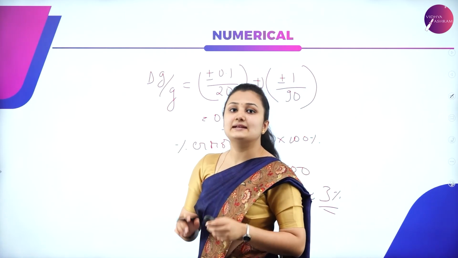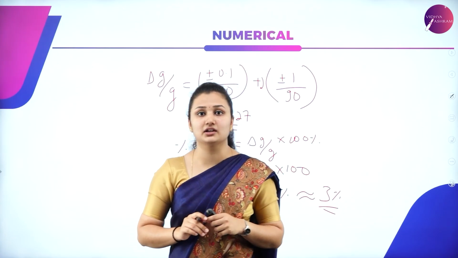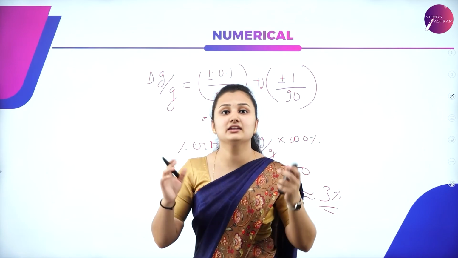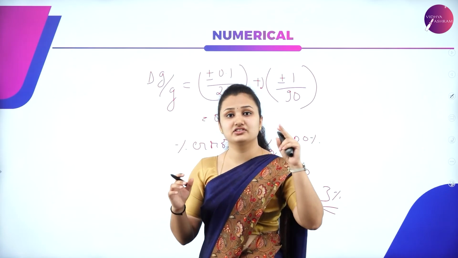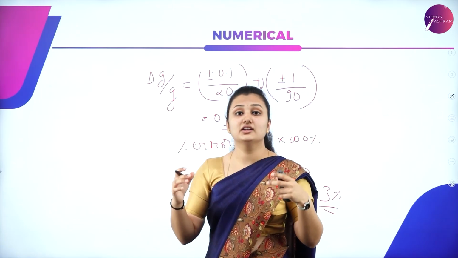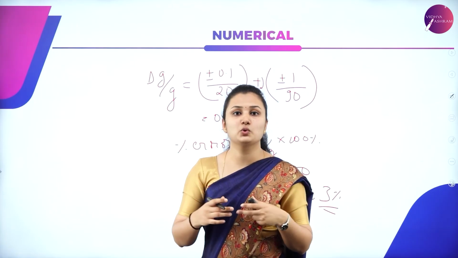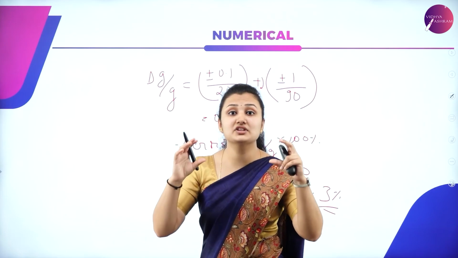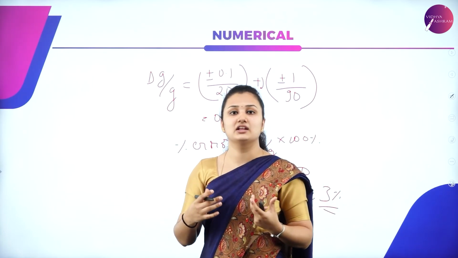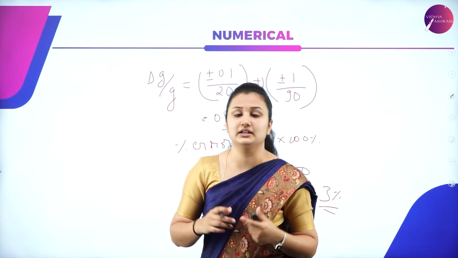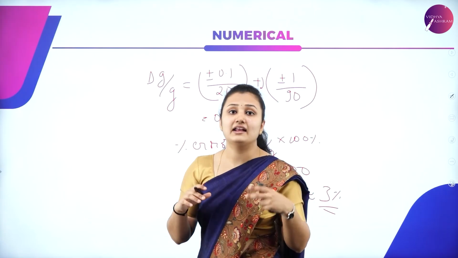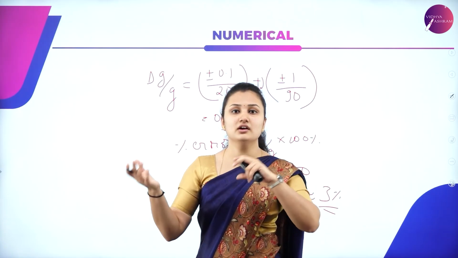So students, in this session we have studied the combinations of error, how errors combine in the final result. There are 3: error of a sum or a difference. Either you add or subtract 2 quantities, the absolute error in the final result will be the sum of the 2 absolute errors in the individual quantities. The second rule is for relative error, error of a multiplication or a division.